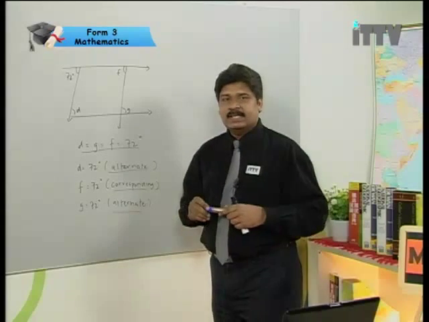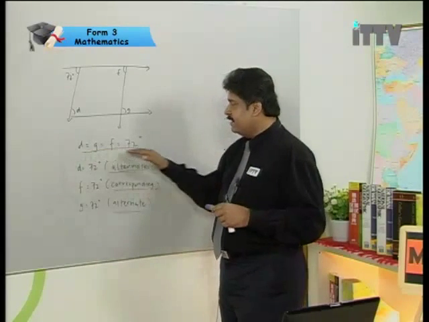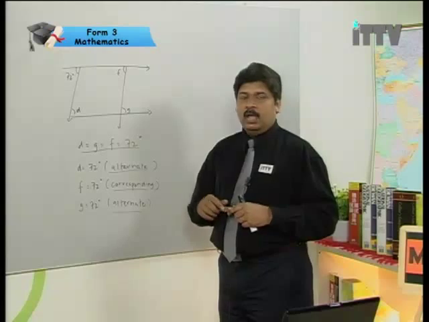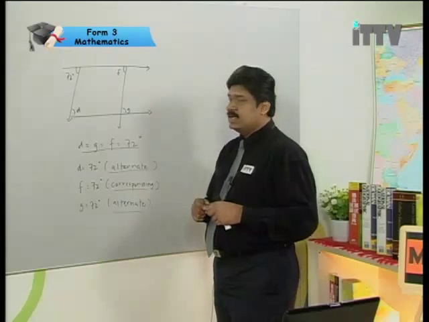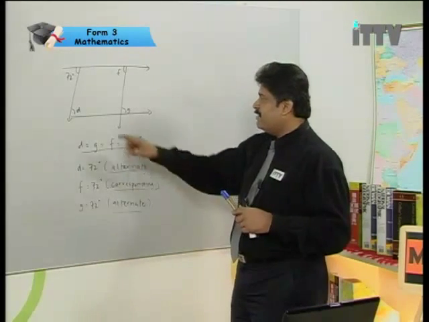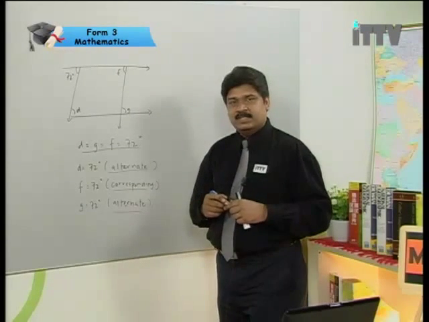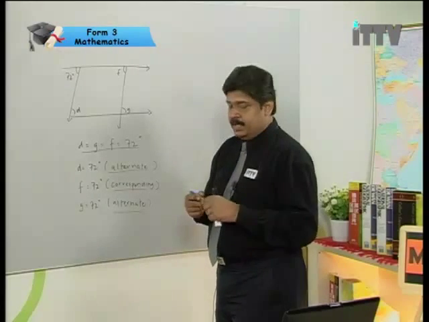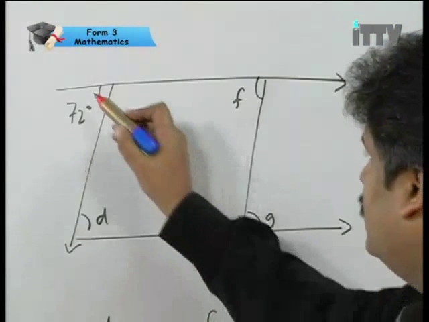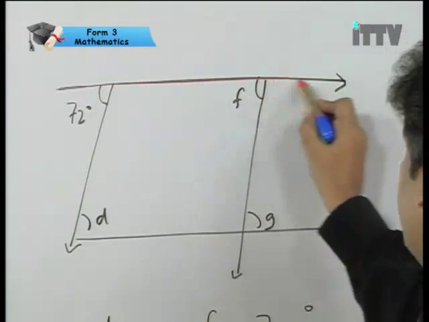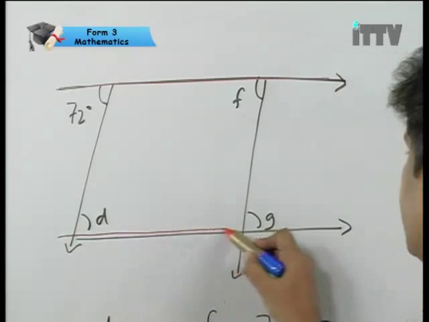What is more important is, why are we arriving at this value? Firstly, how can I find the value of D? Or how can I say that D is equal to 72? This is how we do. Now, if you note, we have two parallel lines on this side and on this side.